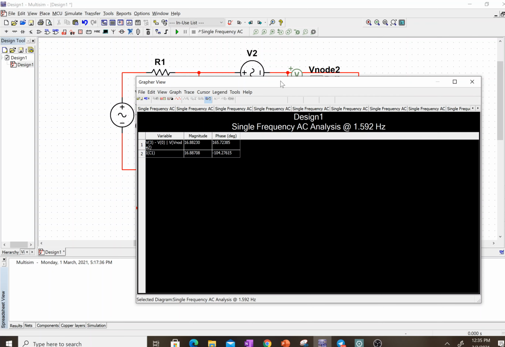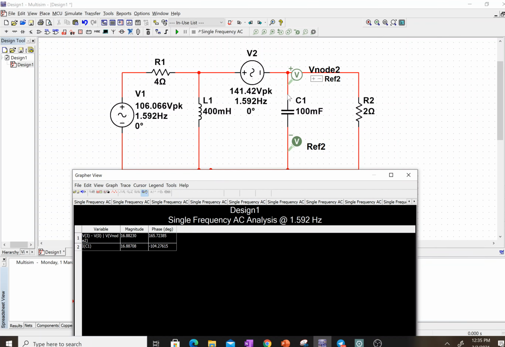Since we are measuring voltage and current at a capacitor, the phase angle between voltage and current should differ by 90 degrees. So you need to check whether the phase difference between your current and voltage is 90 degrees.